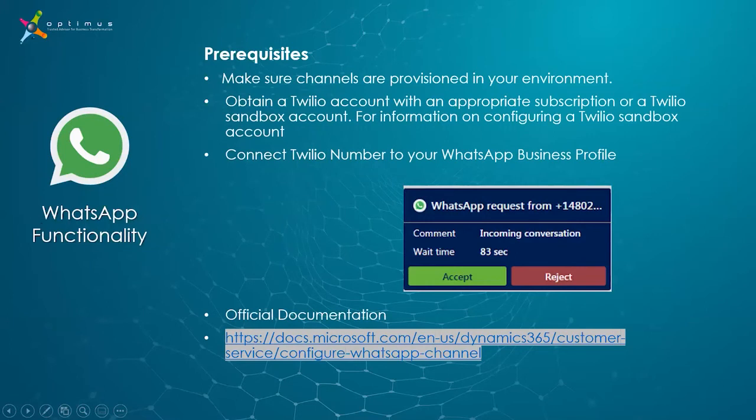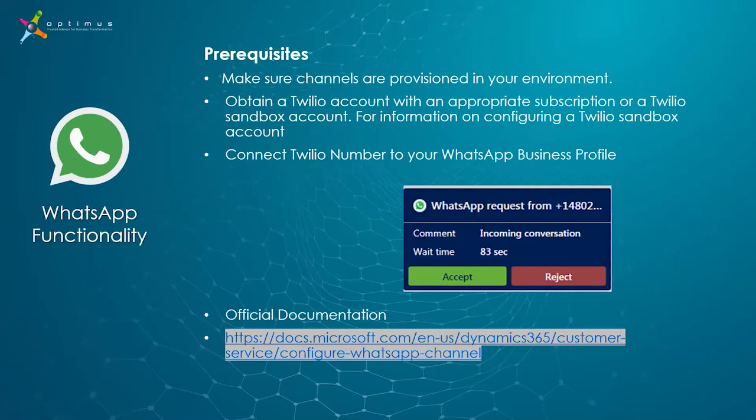I cannot configure it directly with you because it basically includes a couple of steps. But I want to mention some elements that you have to keep in mind to configure that. So the first thing is that you have an environment, of course. You need to have a Twilio account.